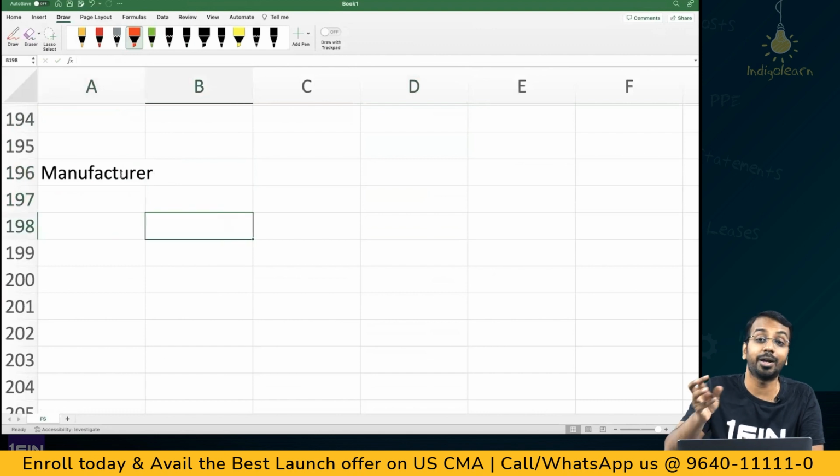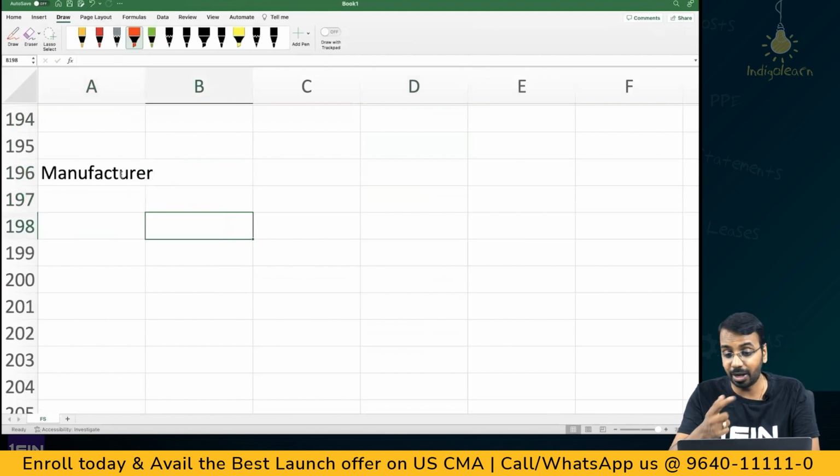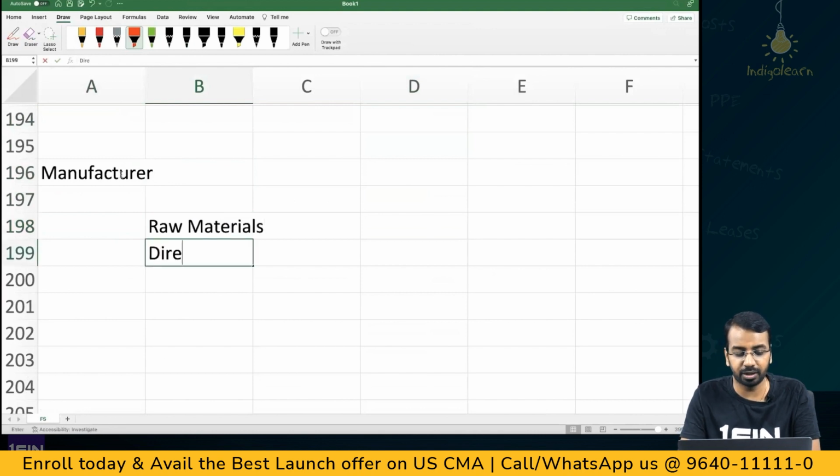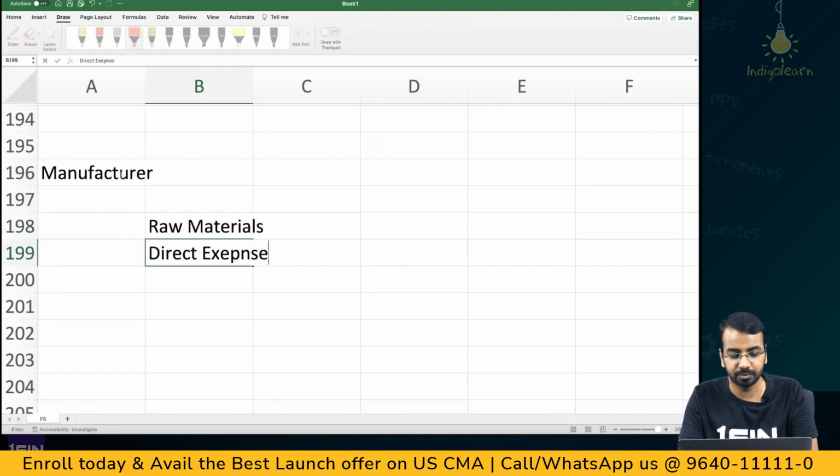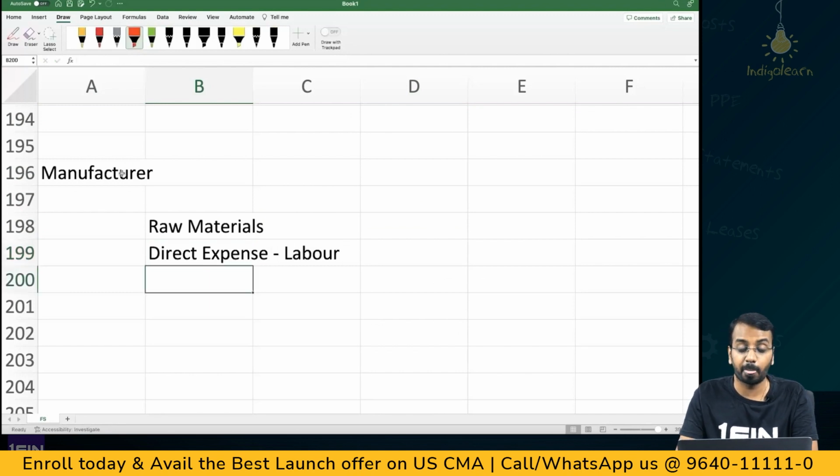the manufacturer manufactures product. And when they manufacture product, they need raw materials. They have to incur certain direct expenses like labor. Okay.